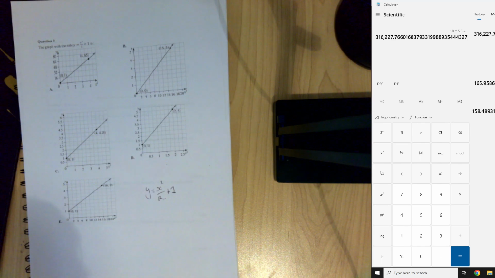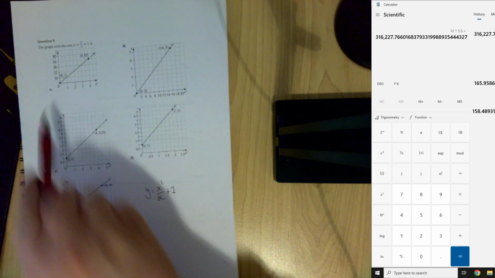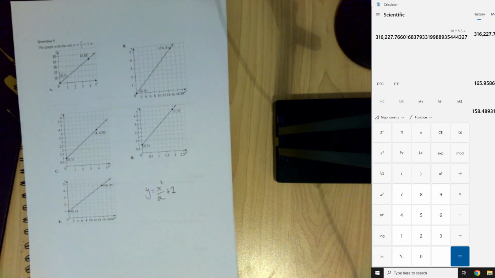Okay. Again, I think this may be different in the version you guys did, but that's alright. Still the same premise to solve it. So all these are looking at y versus x squared, so I don't really have to treat it differently. I guess I'm just going to substitute these points in and see which one fits.